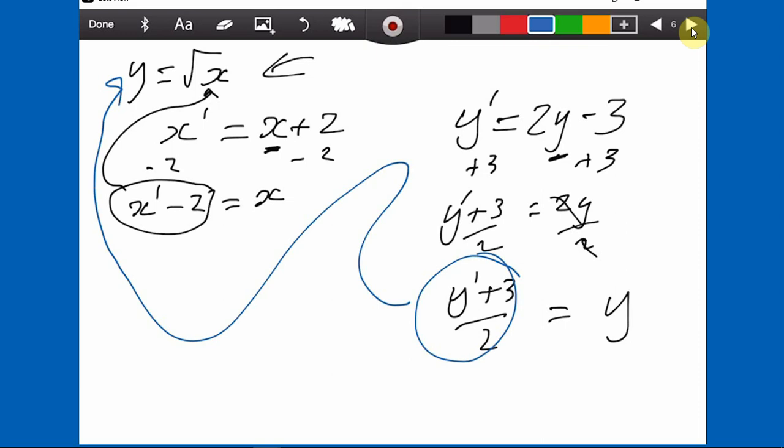Righto, so let's go over. y dashed plus 3 over 2 equals square root of x dashed minus 2. Let me take that over to the next page.